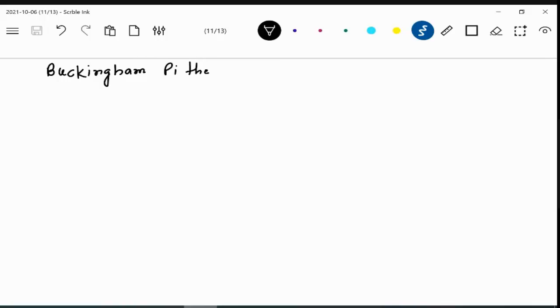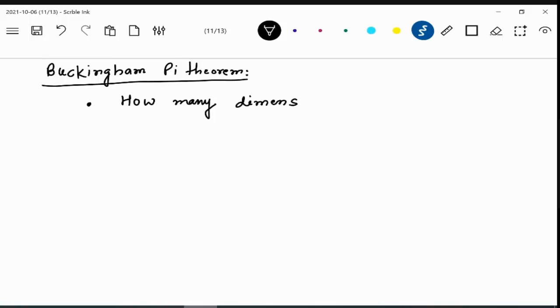So this theorem is called Buckingham pi theorem. We'll discuss this theorem today. This theorem is related to how many dimensionless products are required. So if you are forming some kind of equation or expression, the first question is how many dimensionless products are required.